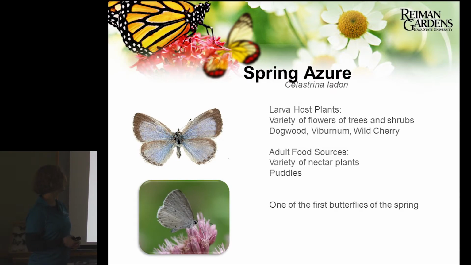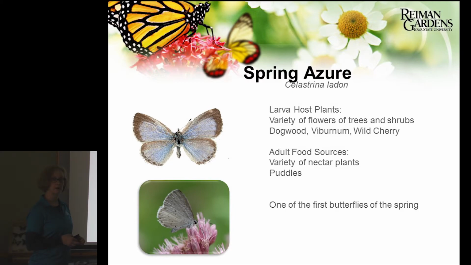Spring azure. So this butterfly looks very similar to the eastern-tailed blue, but you can distinguish it based on there are no orange spots on the spring azure. The spring azure uses a variety of flowers, of trees and shrubs. They like to lay their eggs on dogwood, viburnum, wild cherry.